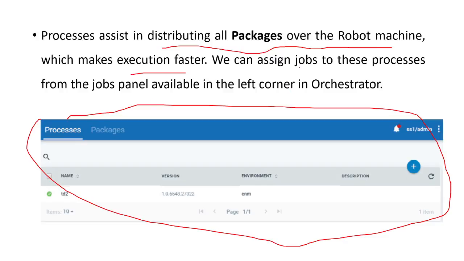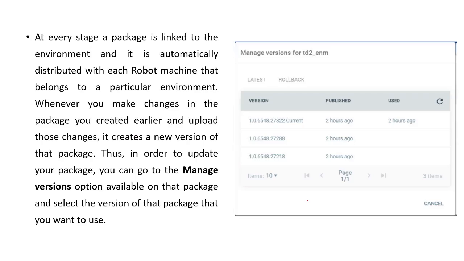We can assign jobs to these processes from the jobs panel. Similarly, there is another interface for controlling the jobs, which we call the jobs panel. Using that you can control or schedule the jobs. That's what the author is telling here. We shall see in the coming classes what the complete environment of the server looks like.